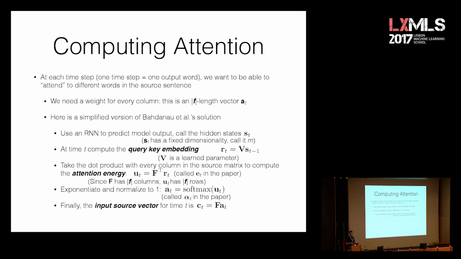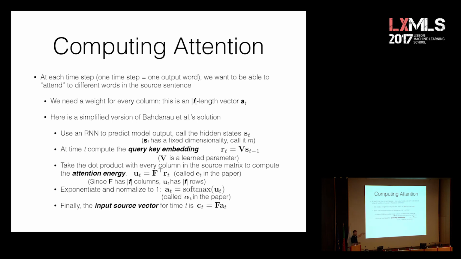We're using this RNN to predict the output words, and let's call the hidden states S sub t. S sub t, of course, has some fixed dimensionality because it's just a standard RNN. We'll call it M. At time t we want to generate the t-th word, and we haven't yet computed S sub t because it's going to depend on the thing we're attending to.